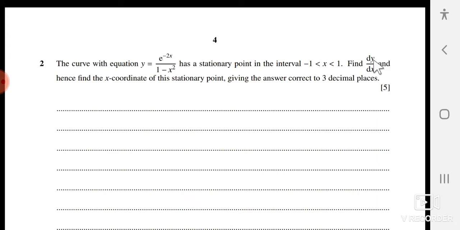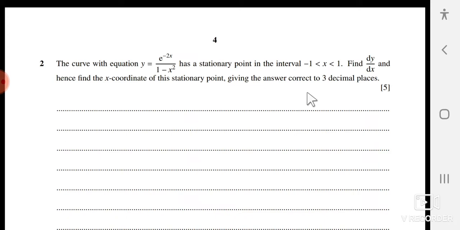First of all you need to use the differentiation quotient rule, the u over v rule. You know very well what the quotient rule means. If you have any expression u over v, you write the denominator as v squared, and then use the derivative of u times v as it is, minus v's derivative and u as it is.